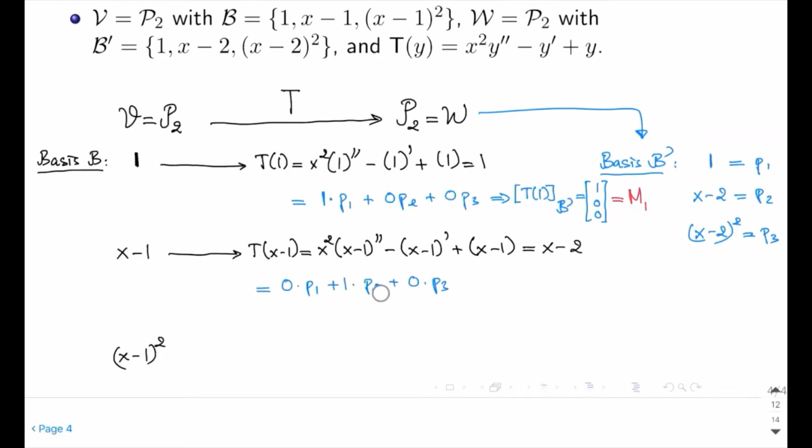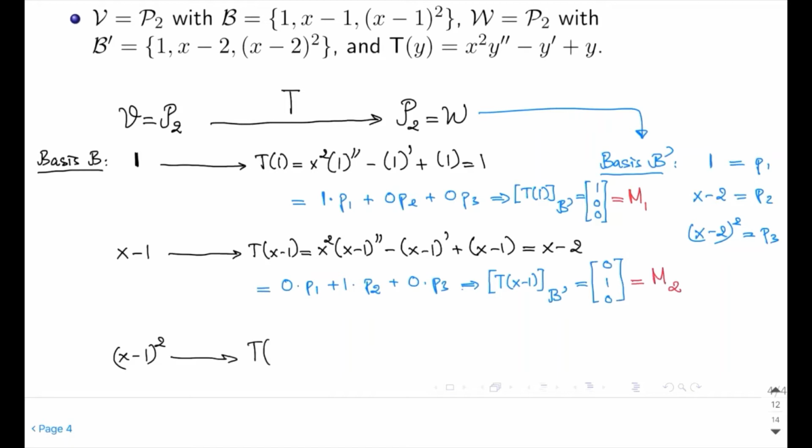Right, so here we got lucky because the polynomial that we found is exactly the second vector in the basis B prime. That is not always the case, but anyway, that's good for us. We save some time here. So that means the coordinate for T of x minus 1 with respect to the basis of the target space is now obviously 0, 1, and 0. And this, as we know, will represent the second column of the matrix we are looking for.